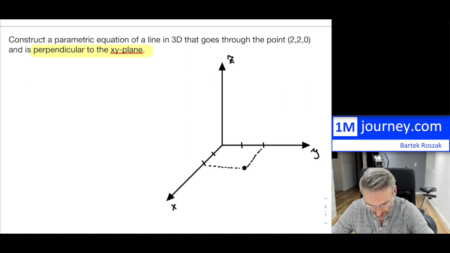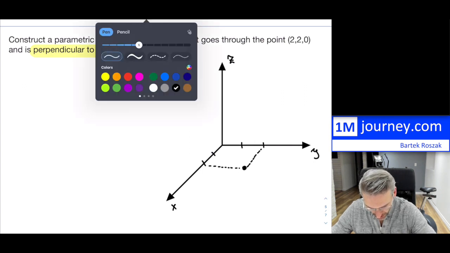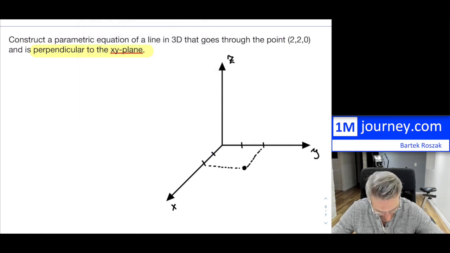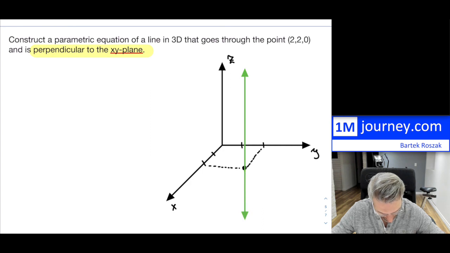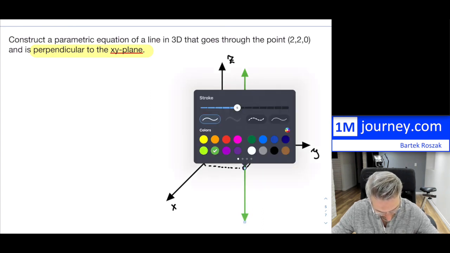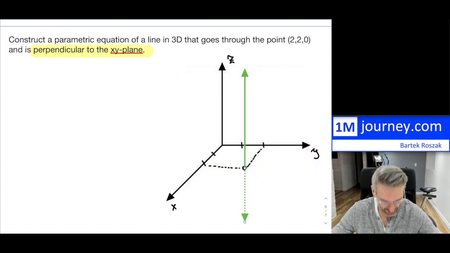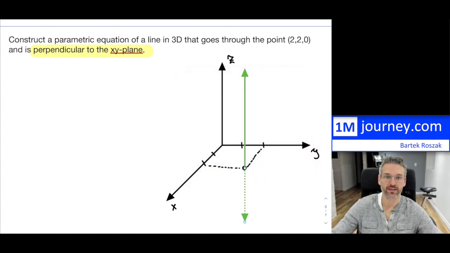So the line would be parallel to the z-axis, going through the point, and of course it's also going to go down right there. Let me put that part in dots so you can think of it as going through that plane and then going down. So that's how our line would look.